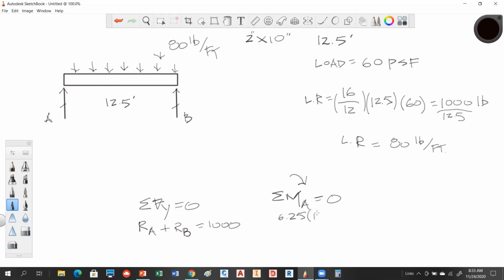That would be 6.25 times 1,000 plus, or actually this would be plus. This would be a plus moment minus 12.5 RB. When we solve this moment, what are we going to get?